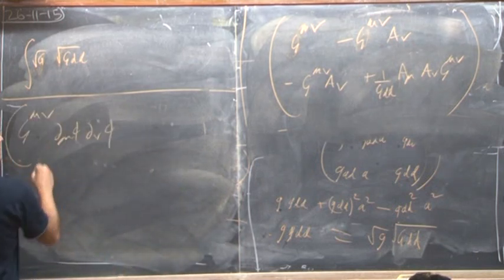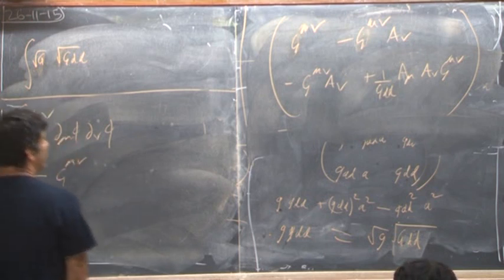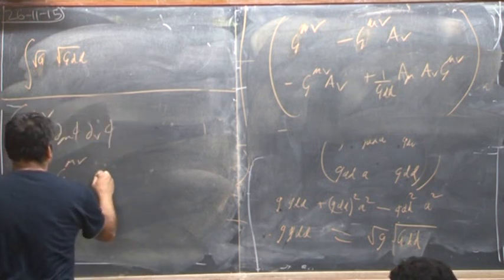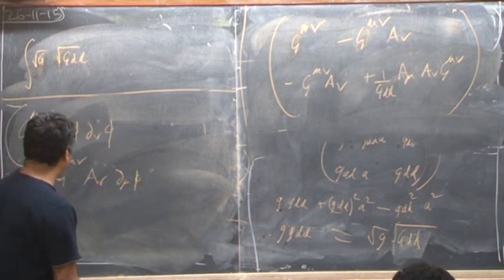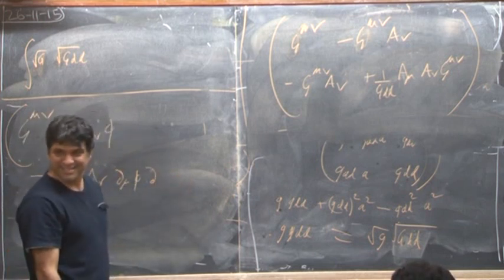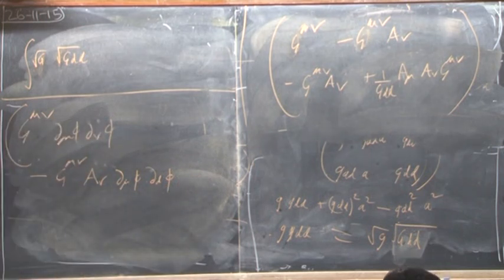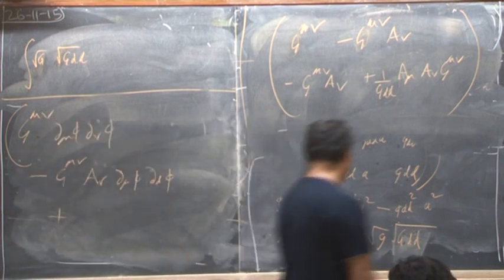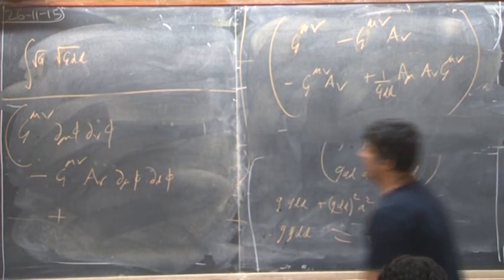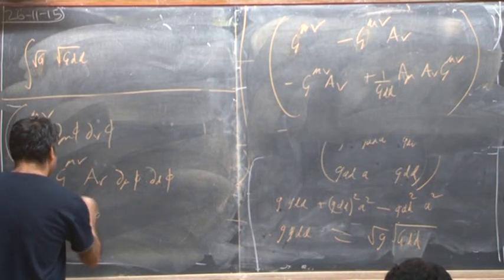These two terms give us minus G mu nu A mu del mu phi, and the other guy was del_D phi. Okay? And finally we get plus 1 by G_DD del_D phi, the whole thing squared.